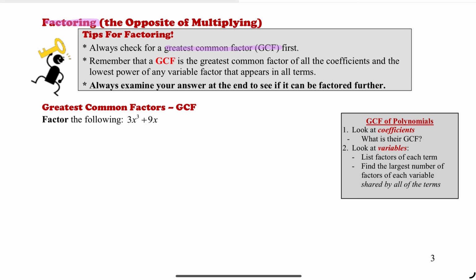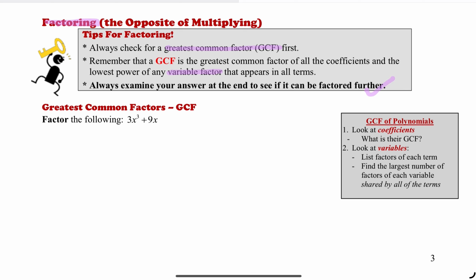Always remember the greatest common factor is of all your coefficients and the lowest power of your variable factor as well. Don't forget about your variable. And always examine your answer at the end to see if it can be factorized further. Always check for that.